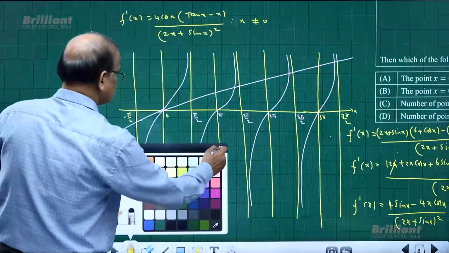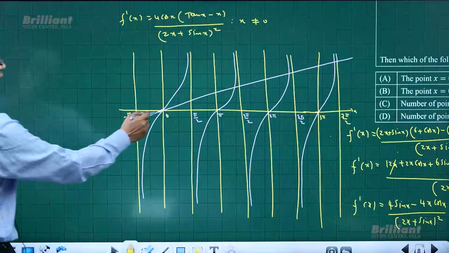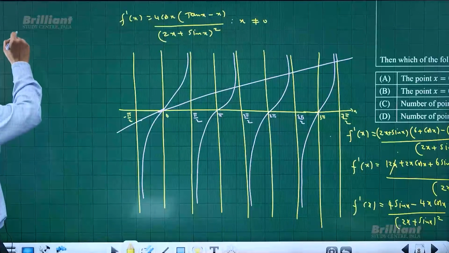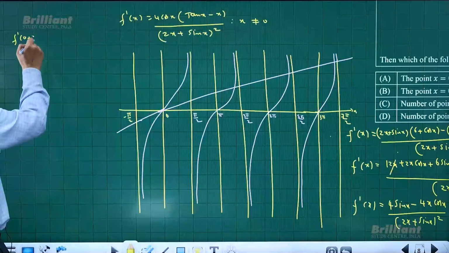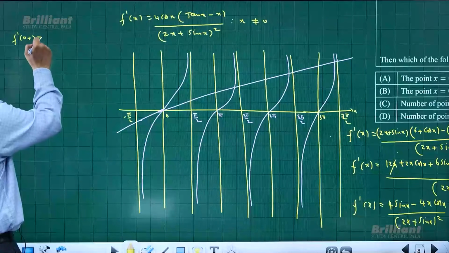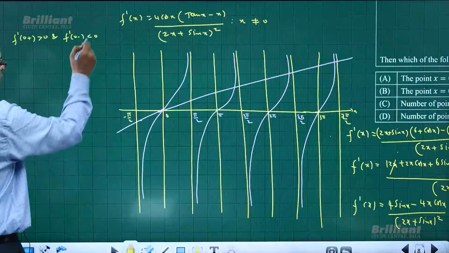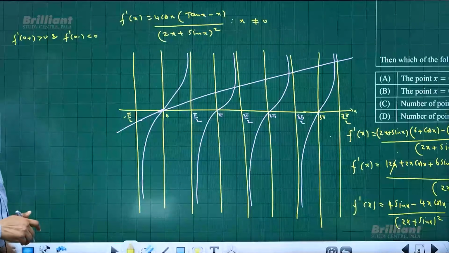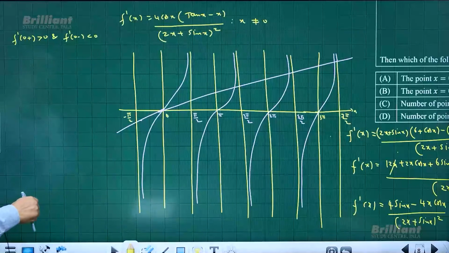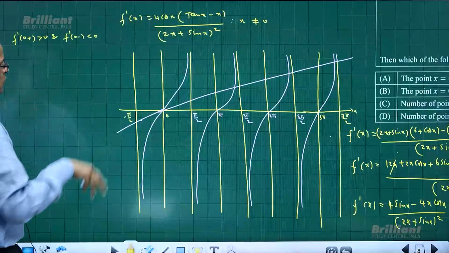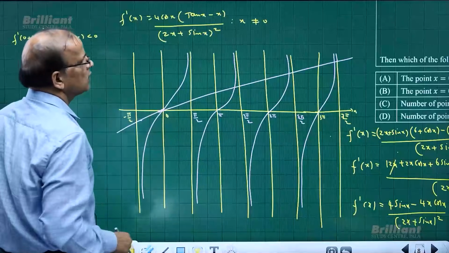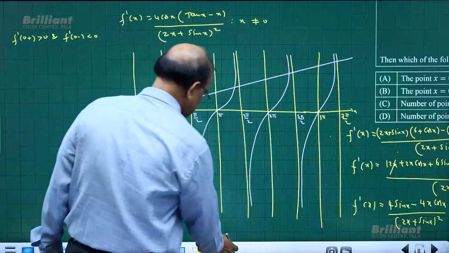So therefore, here f dash 0 plus is positive and f dash 0 minus is negative. Therefore, the sign changes from positive to negative. This is what? Local minima, right?